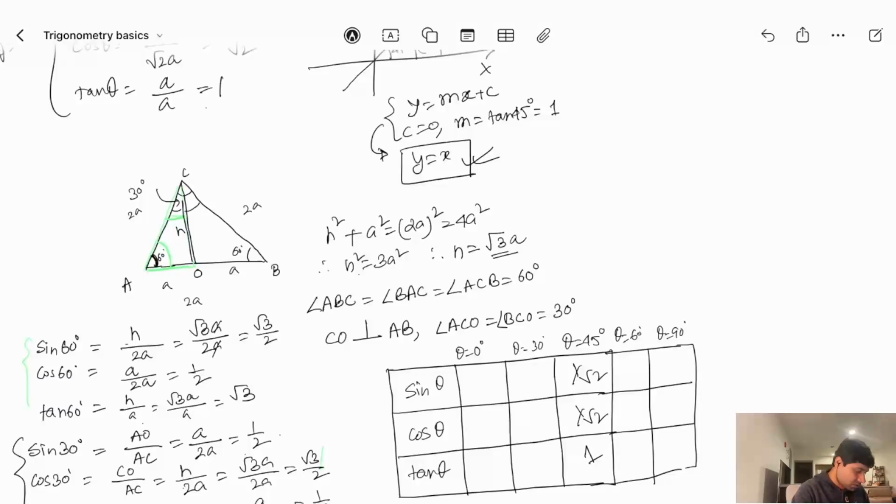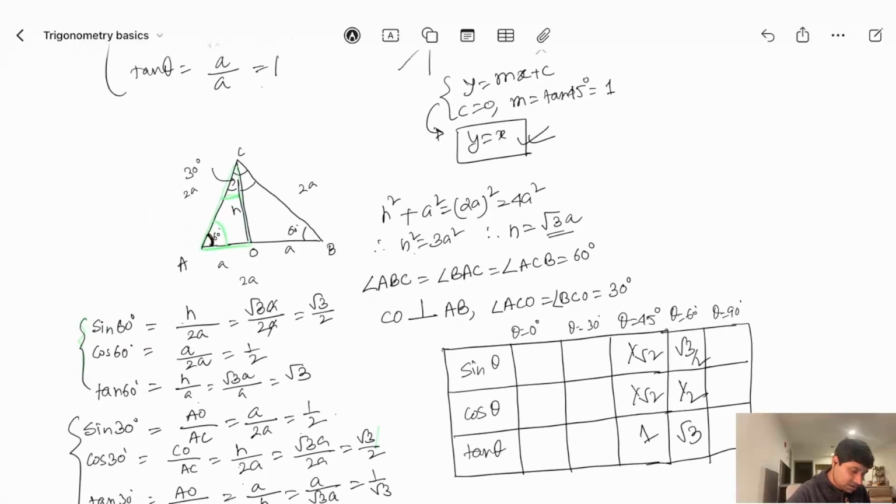If I put all the 60 degree values which we got from here, sine 60 is nothing but square root 3 by 2, cos 60 is half, and tan 60 is square root of 3. Similarly we got sine 30 is 1 by 2, and then cos 30 is square root of 3 by 2, and tan 30 is 1 by square root of 3.